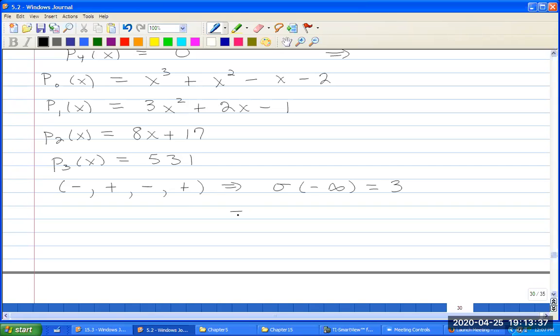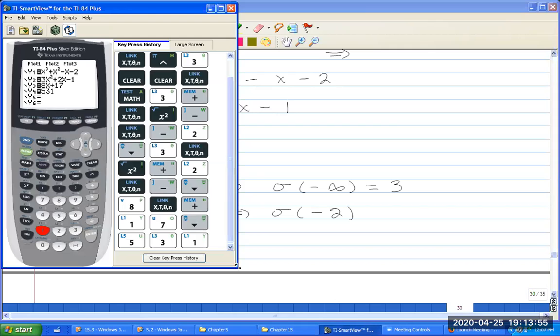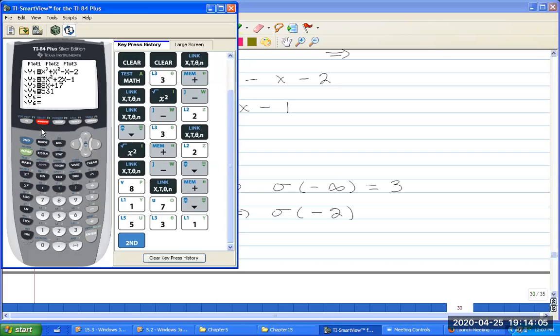Let's look at, oh, I don't know, negative 2. Yeah, negative 2. So let's go back to here, and let's just see if I have the form. Auto. Okay, good.